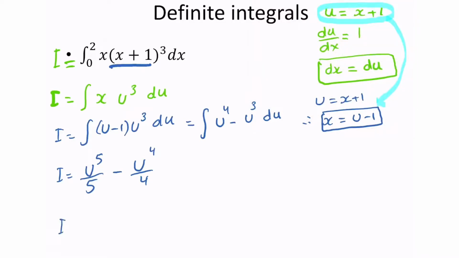So I equals, at this stage we'll say it's plus c, but then change the u into x's. So this is going to be (x plus 1) to the power 5 over 5 minus (x plus 1) to the power 4 over 4, and I'm not going to put the c because we will integrate this with a limit from 0 to 2.